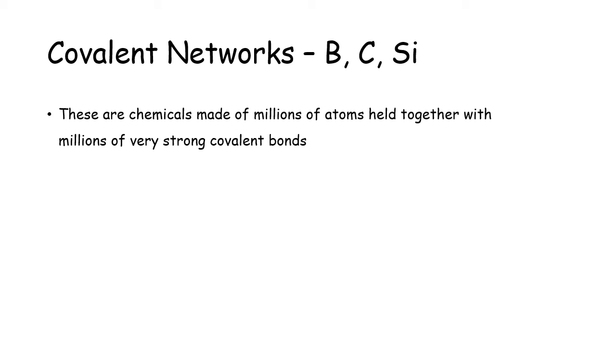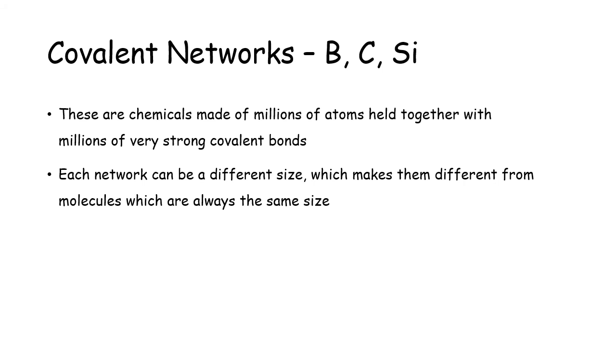Now, a network, all that means is that you've got millions of atoms held together with millions of strong covalent bonds. So if you're trying to melt this, you're having to break covalent bonds. Each network can be of a different size, which is what makes them different from molecules. You cannot write an exact formula for diamond because every diamond is a different size.